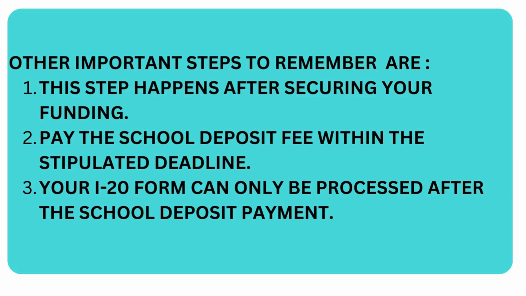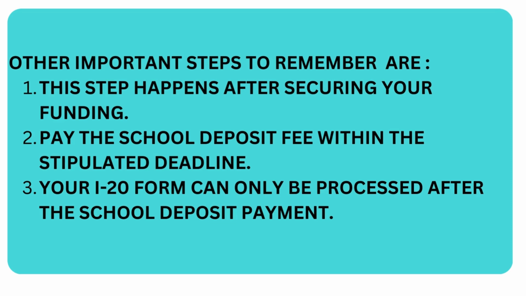Also remember these next steps, which are very important: you have to only do this process if you have secured your funding, maybe in this case, your scholarship and your loan. And for this form to be processed, you have to make sure that you have submitted the school deposit of maybe $250, $500, or whatever you're being told by your school.